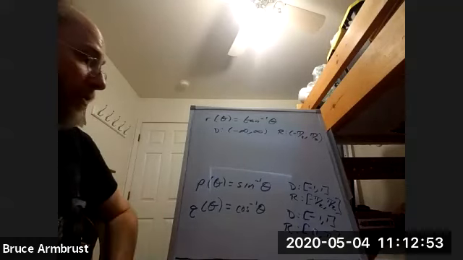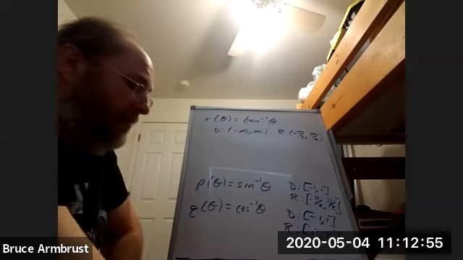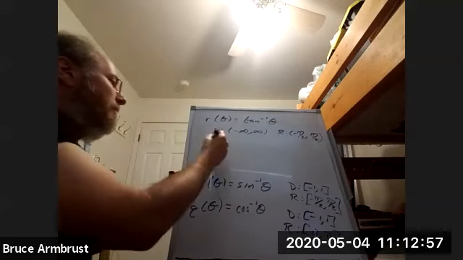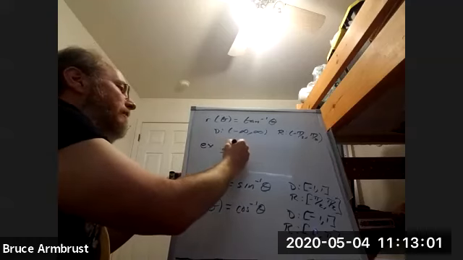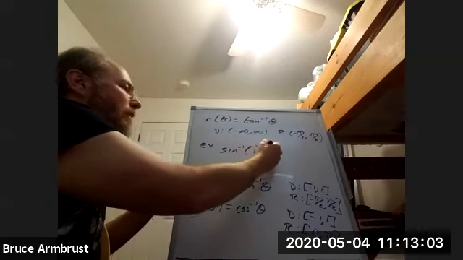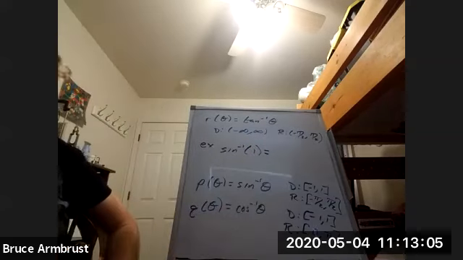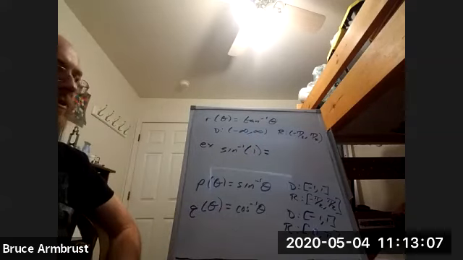Anyway, so those are inverse trig functions. So this is how it works. For example, if we do, say, sine inverse of 1, what's that going to give us? What's the inverse sine of 1?